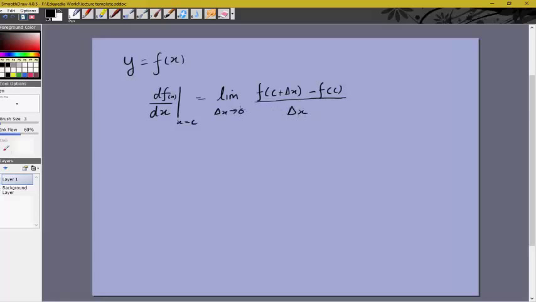Delta x is a change in x, and as the change in x goes to 0, or another way of saying this is that c plus delta x goes to c. If this limit exists, then this is called the derivative of f at c.